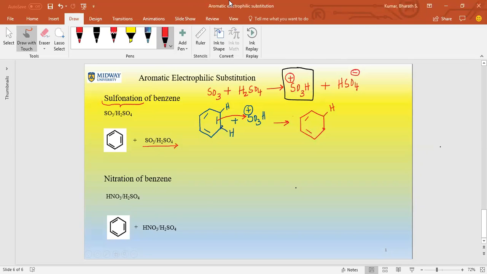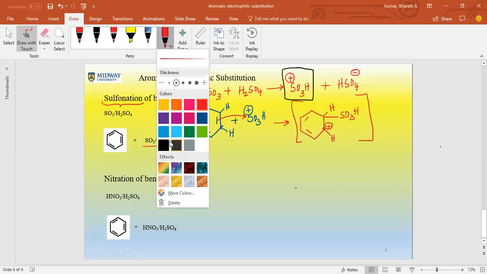Here's your hydrogen, and this is the bond connecting SO3, and then there's another hydrogen here, but then the double bond results in a positive charge on this carbon. Now you can draw the resonance structures like I've shown you. This is your intermediate. Now let's complete the product.